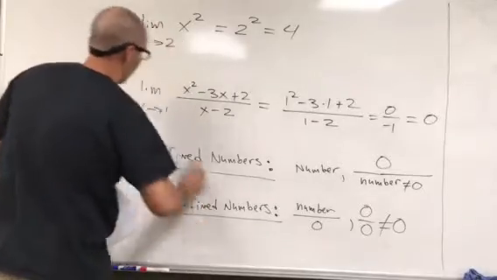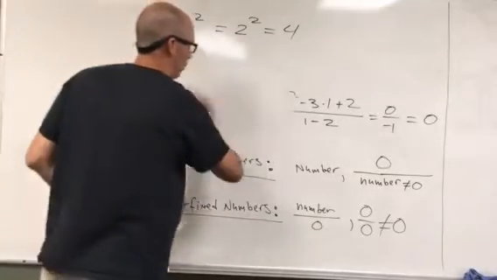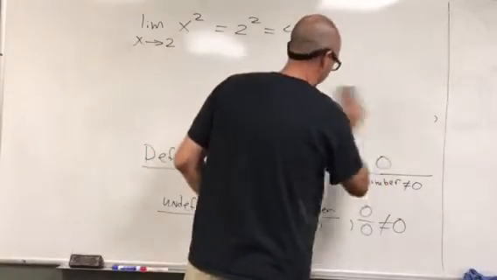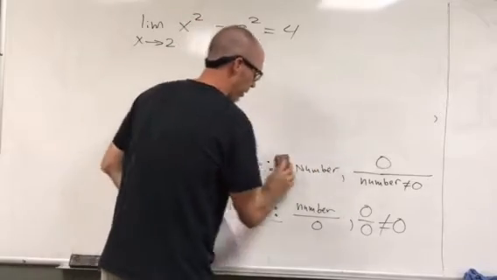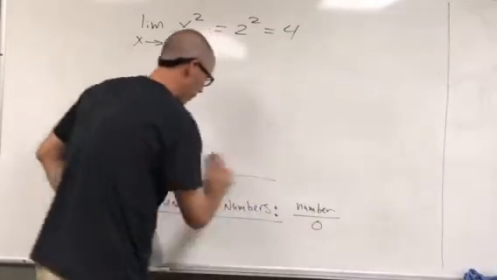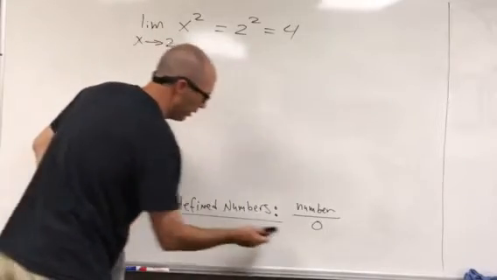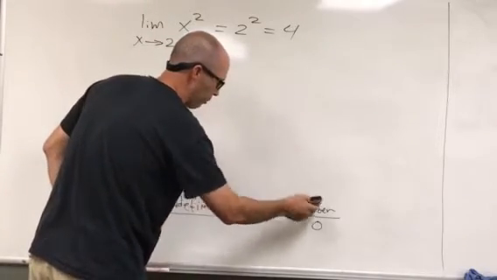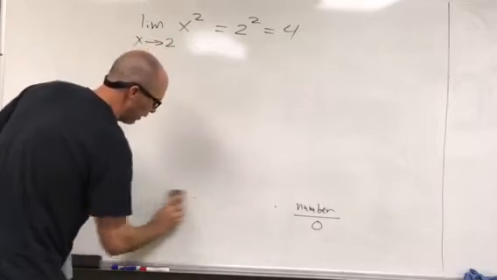Okay, so bullet point 2 is this situation. You get the undefined number, which is a number over 0. This means you found an asymptote.